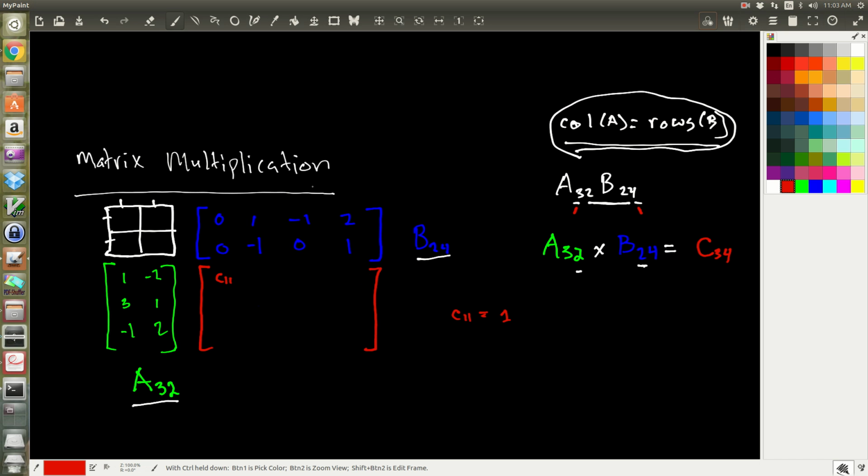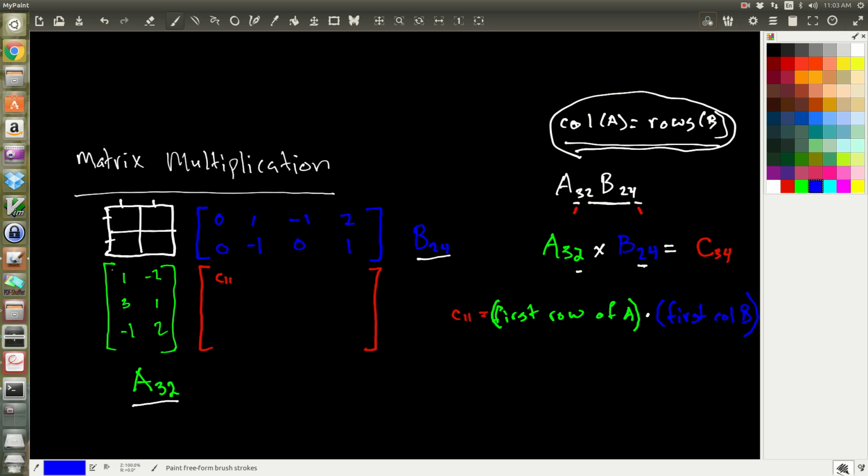What I meant to do is this. Let's do this in green so that you can see this. So the first row of A, the dot product of that with the first column of B.